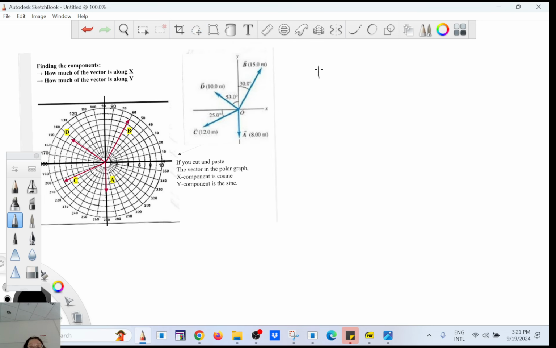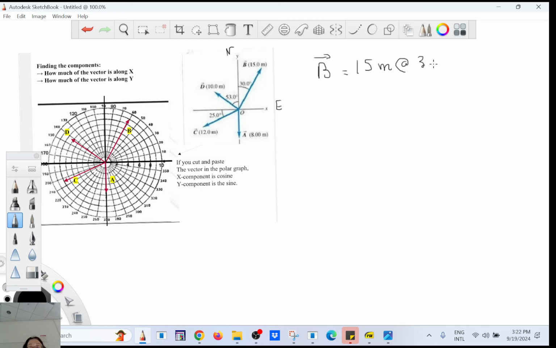So B is a vector. Always attach the origin, the tail to the origin. So 15, how much of what? And here, let's say if I do west and north, so this is north and east.